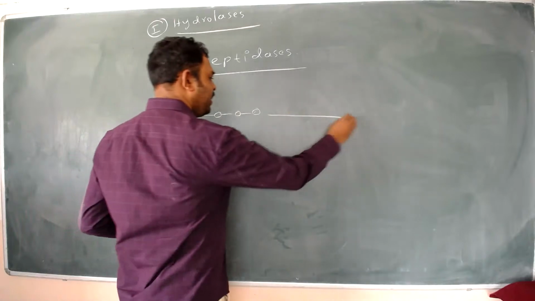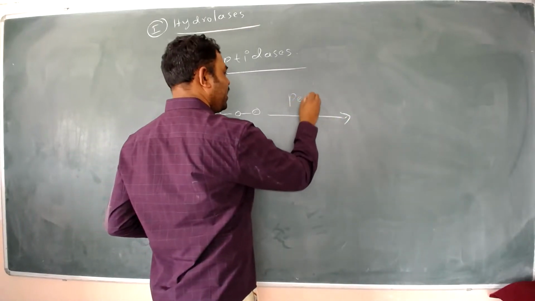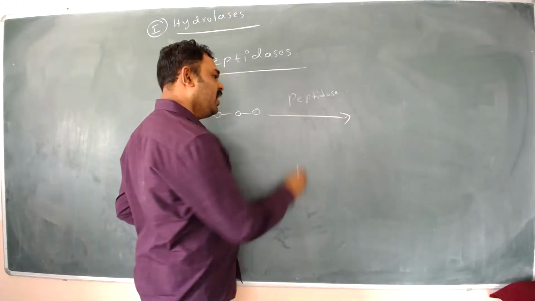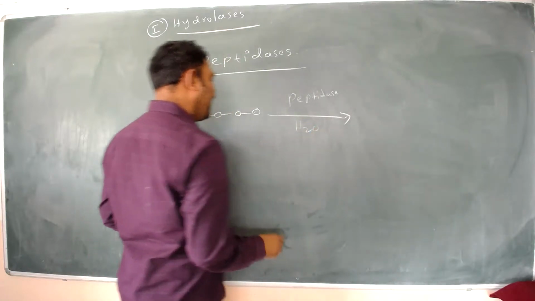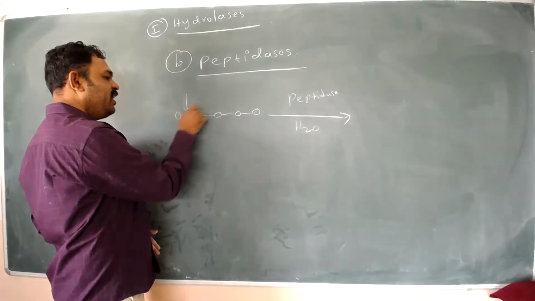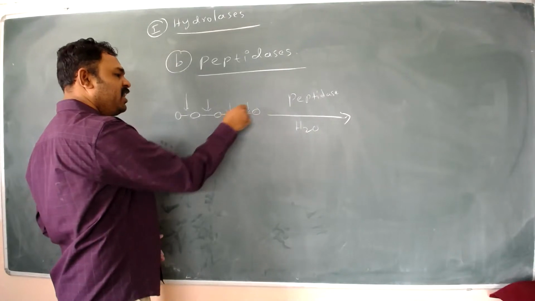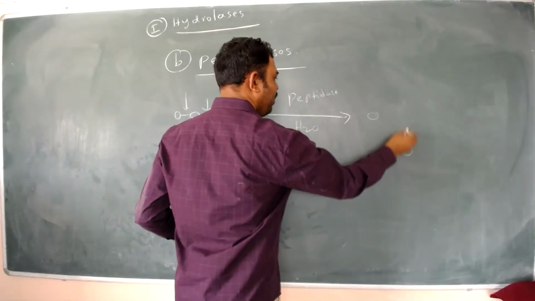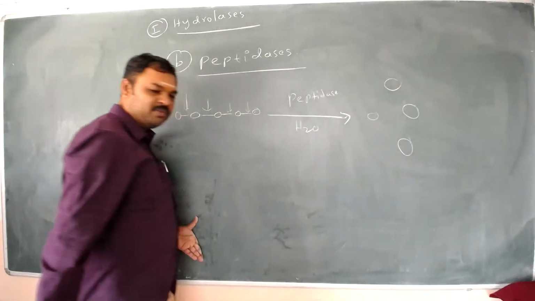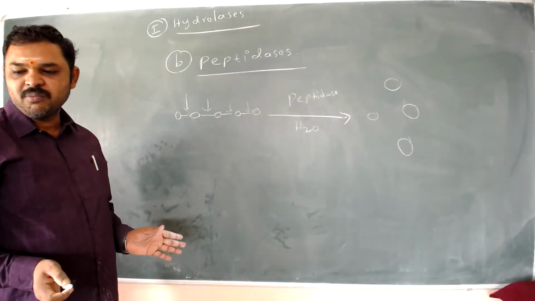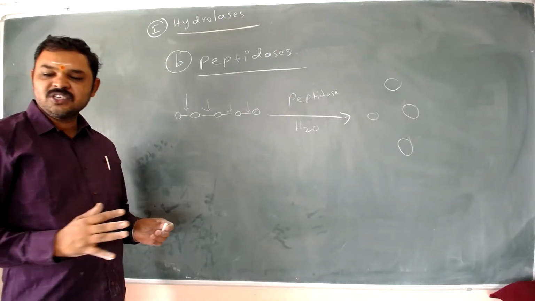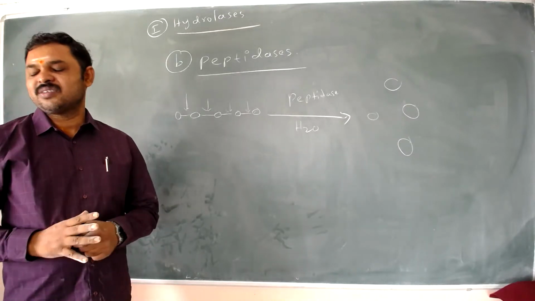For this protein chain, what is the enzyme? The peptidase enzyme. Now, in the presence of water, we add the water. What is breaking? Dipeptides, tripeptides, tetrapeptides, pentapeptides: peptide bonds are breaking, which results in amino acids being formed. So the breaking of peptide bonds is done by the enzymes called peptidases, which results in proteins forming amino acids.